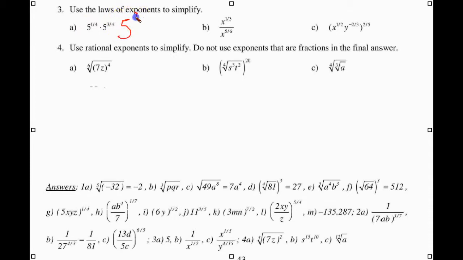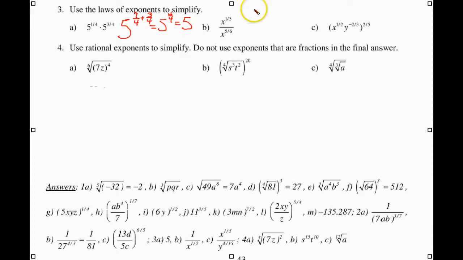And the answer is we add them. And in this case, since they're the same denominator, 1 plus 3 is 4. 4 over 4 is 1. So our answer is 5. We don't write the 1.